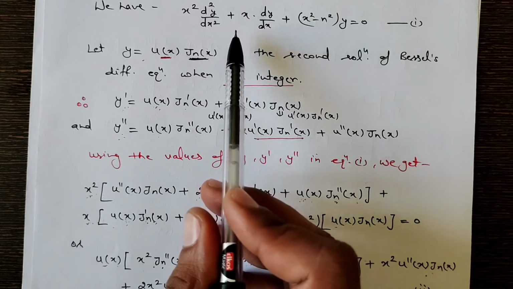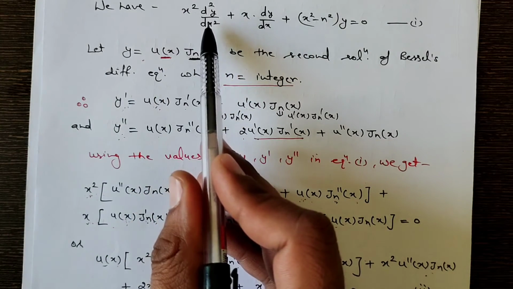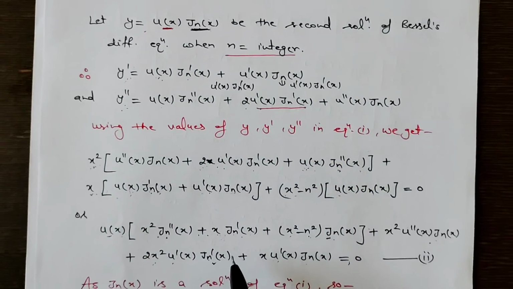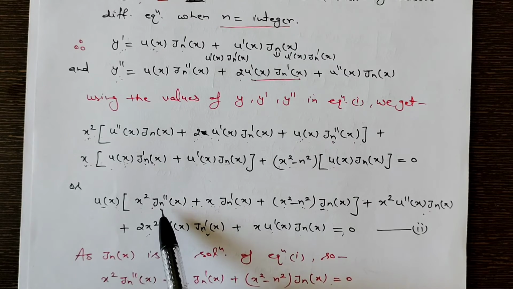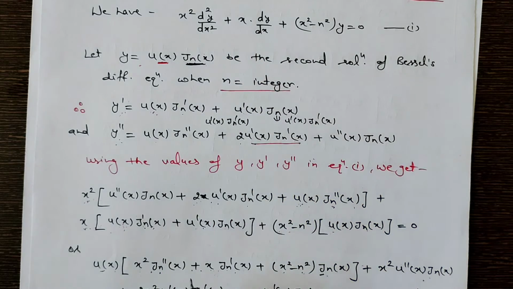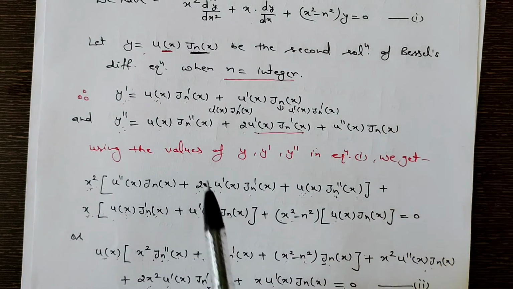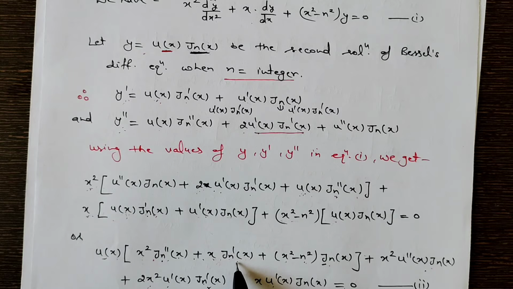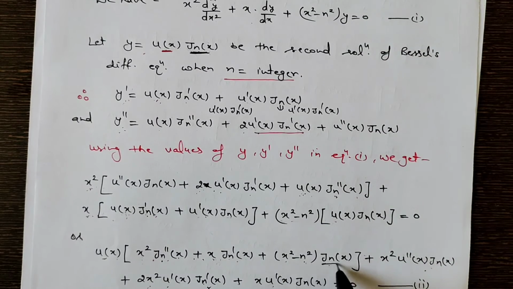So as Jnx is the solution, this differential equation becomes like this: x square, as y equal to Jnx is the solution, where d square y by dx square is Jn double prime x, plus x times dy by dx, and dy by dx will be Jn prime x because Jnx is the solution, plus x square minus n square into y, so y is Jnx.